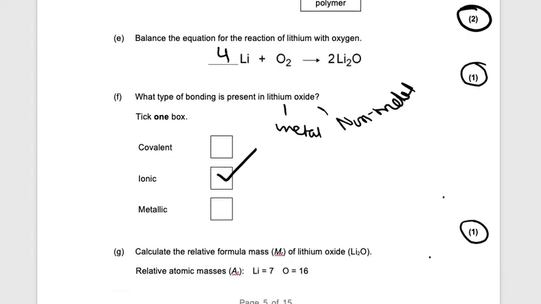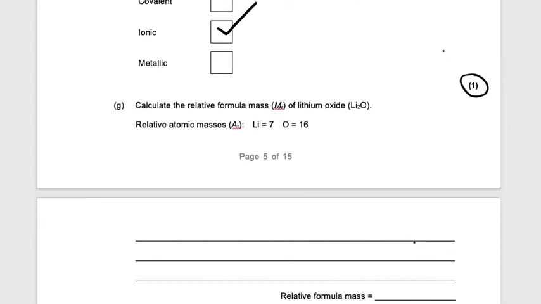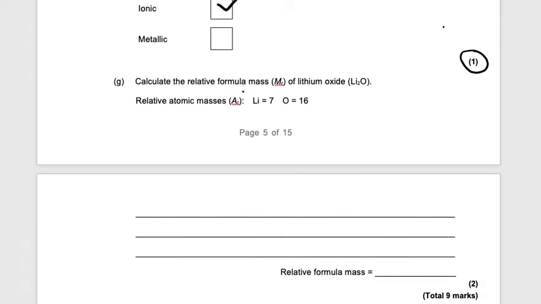Next question, final question of today, calculate the relative formula mass of lithium oxide, and we are given the relative atomic masses over here. So remember, the relative formula mass is the sum of the relative atomic masses. So we have 2 atoms of lithium, so we would do 7 multiplied by 2, which gives you an answer of 14.